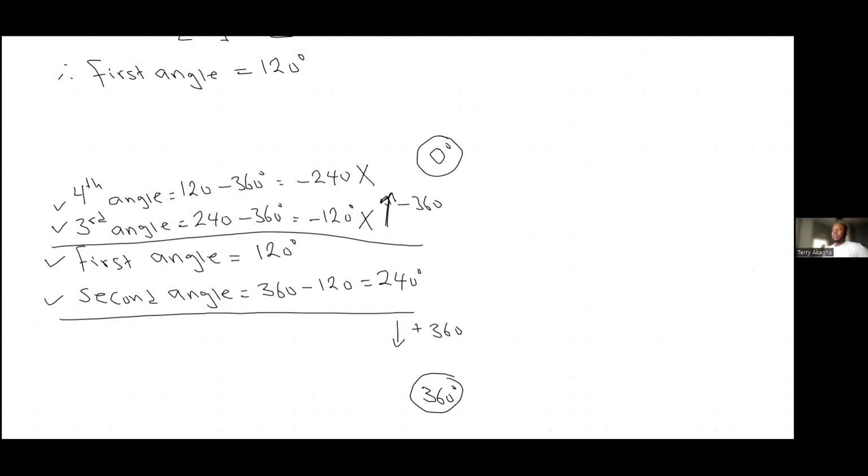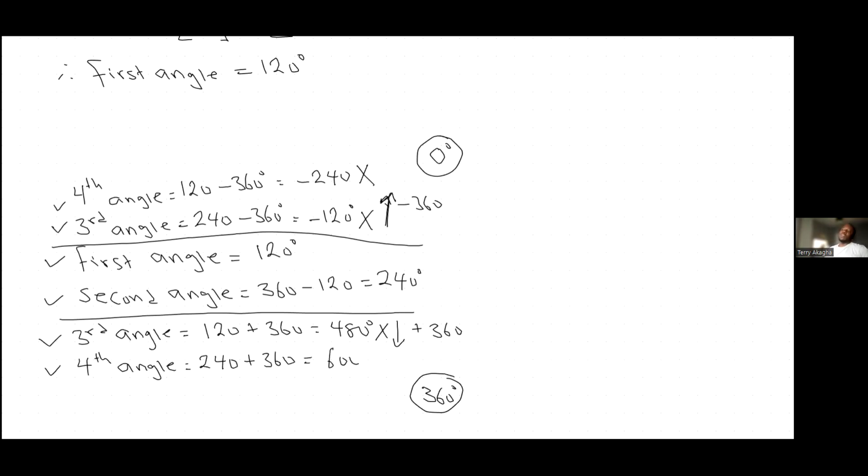Now let's go to the positive direction. The same thing. For the third angle, you keep on adding 360, so it will be 120 plus 360, and that is going to give us 480 degrees. 480 is more than 360, so it's not a solution. The fourth angle will be equal to 240 plus 360 degrees, and that is going to give us 600 degrees, and 600 is not a solution.